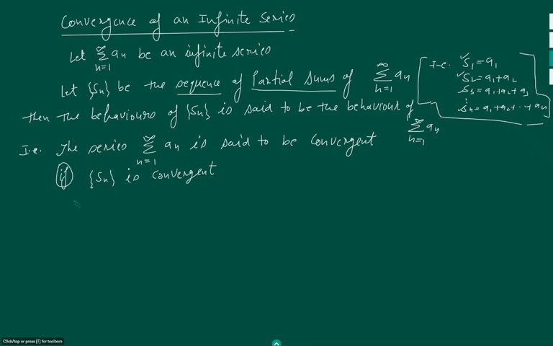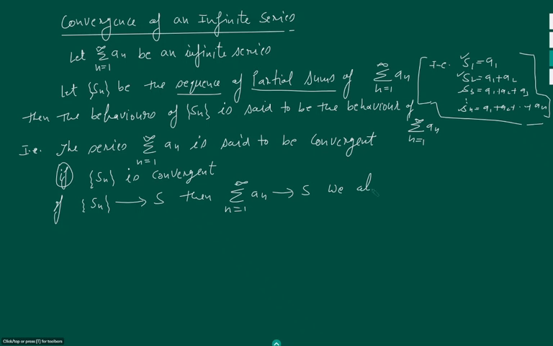And if the sequence of partial sums converges to a number s, then we say that the series converges to the number s.